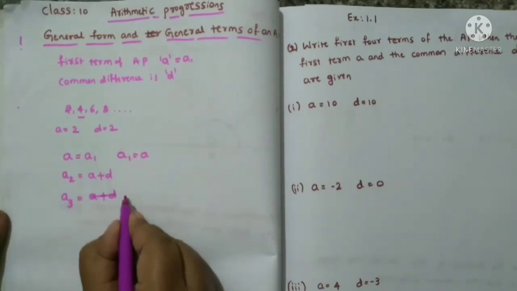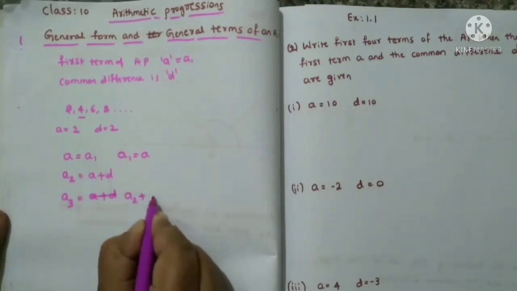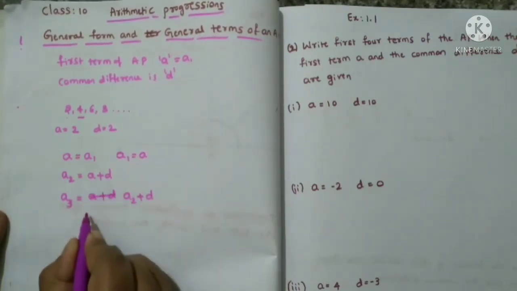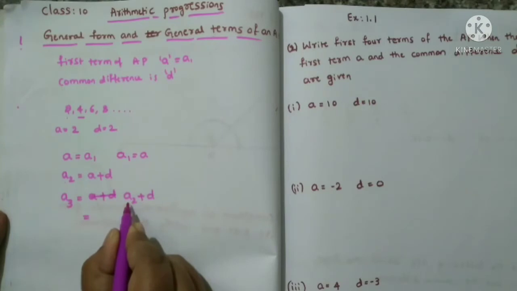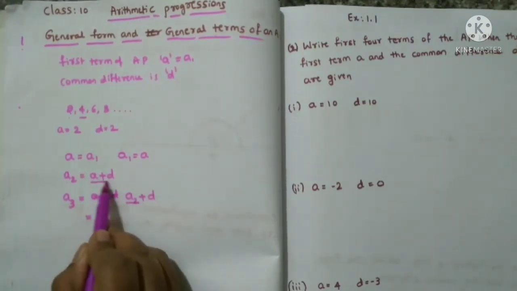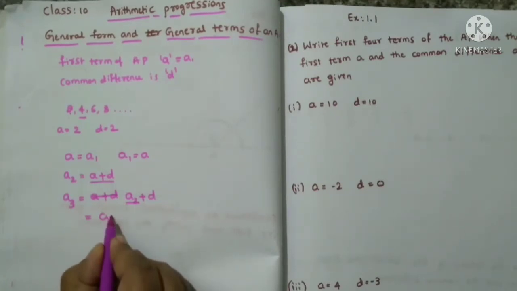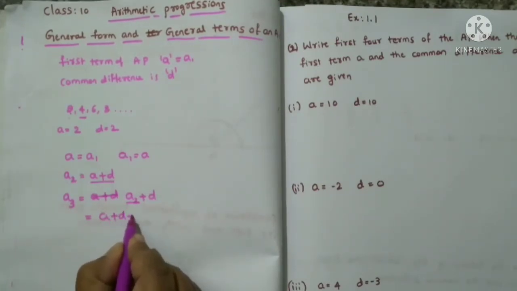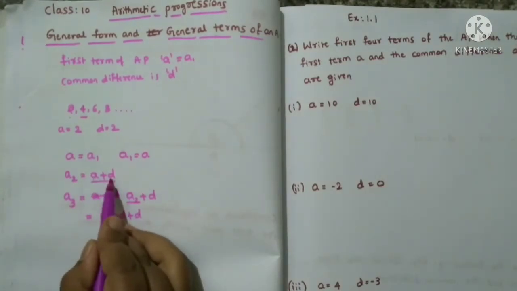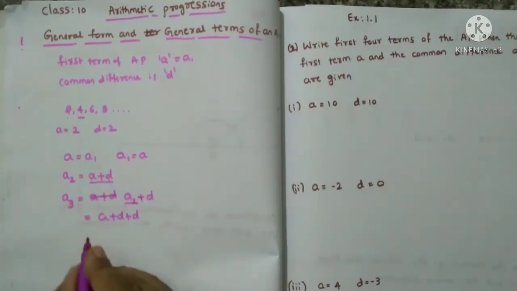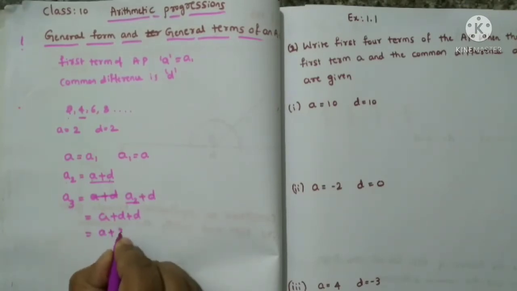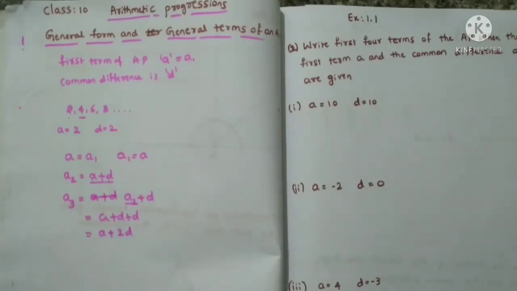A2 we have. For A2, if you add D you will get A3. So A2, how can we write it? A2 I can write as A plus D. See, observe here, in place of A2 I am writing A plus D, plus D. In place of A2 I have written A plus D, plus D as it is. So now how can I write this? A plus D plus D is A plus 2D.